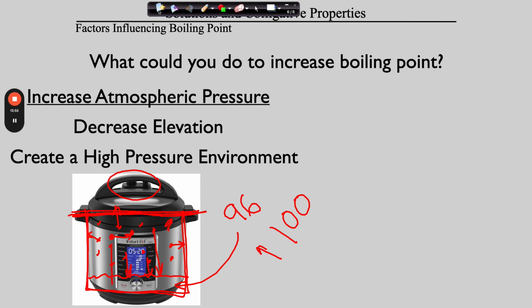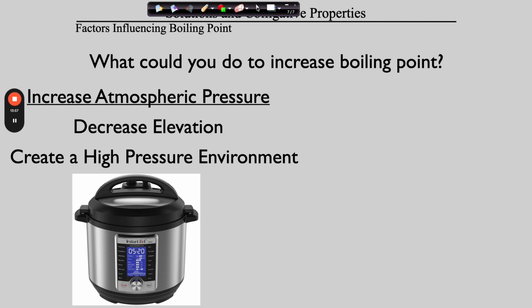We now understand that if we want to increase the boiling point of water, one of the things that we can do is we can increase the pressure. But there's another thing that we can do. We can make the intermolecular forces stronger. Now guys, understand we saw this with the alcohol and the water.